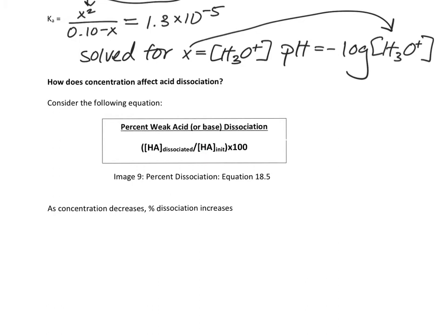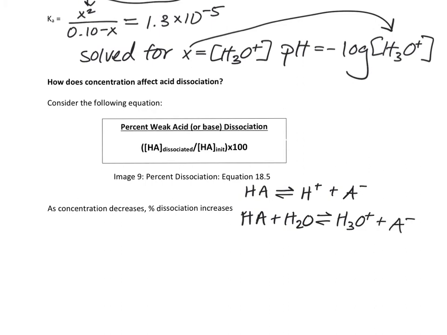And to be specific about what I mean by that, HA dissociated means that it did this, okay? It just ionized. Another way to put that is HA reacting with water makes hydronium and A minus. These two equations right here are synonymous.